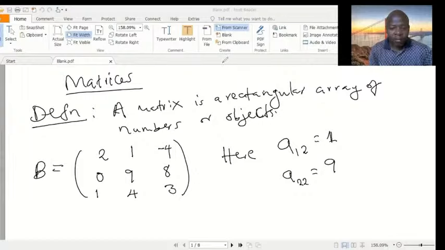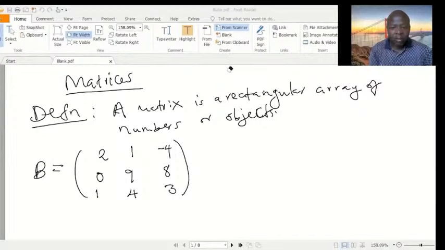Now, I've said that we identify an element by first stating the row and then the column. Let's look at this matrix. This is the first row, the second row, the third row. And how many columns? 1, 2, 3. So it has 3 rows and 3 columns, and therefore we say that this is a 3 by 3 matrix.